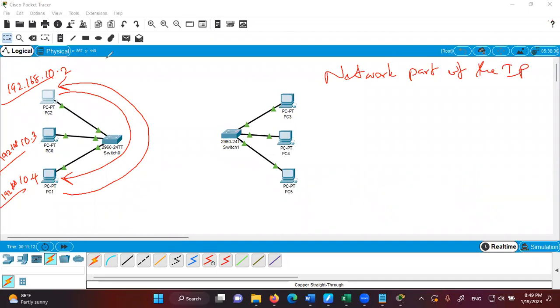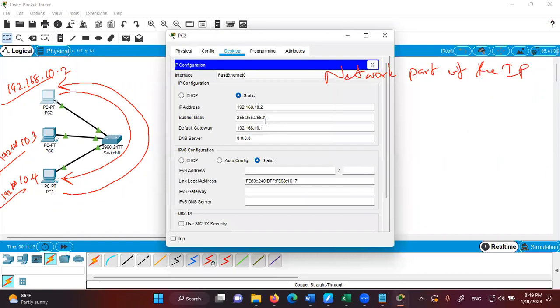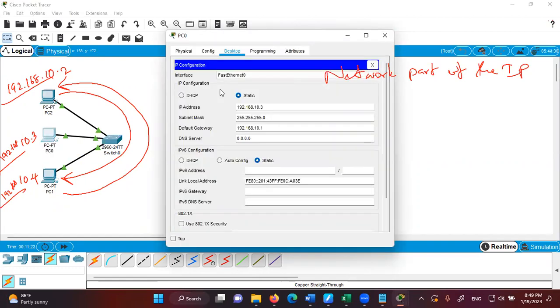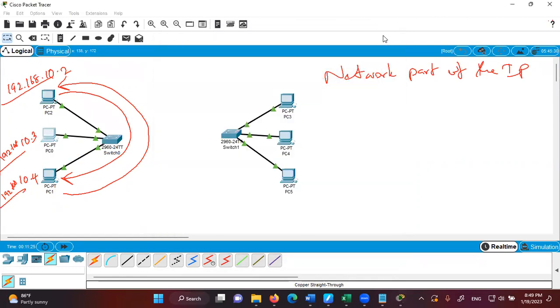Then I assign subnet mask as 255.255.255.0, right? So all the computers, if you check, the subnet mask is same. So the next rule is subnet mask must be same. So these are the two important rules to communicate in a network or a subnet.